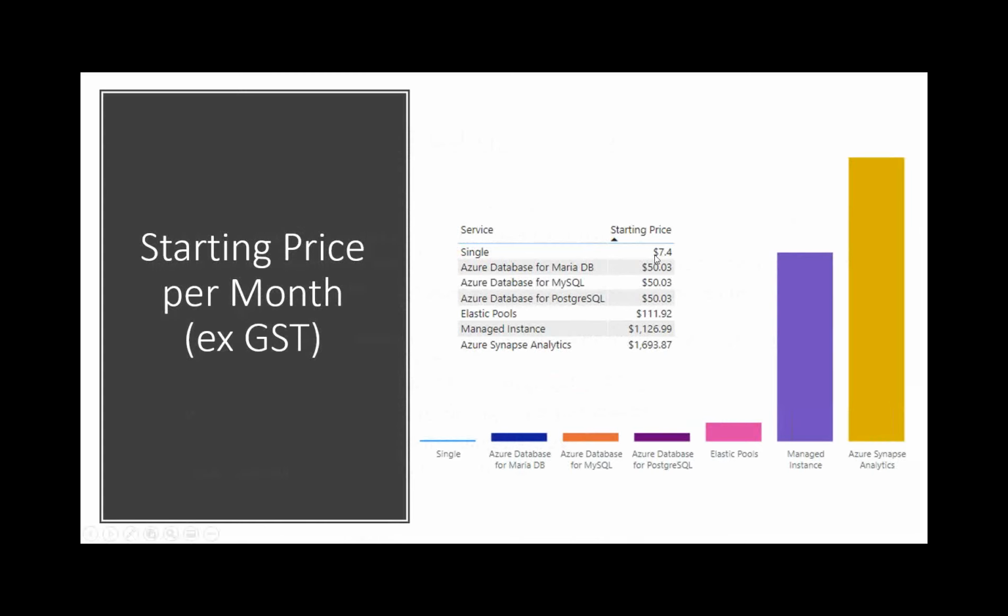You can see that the single database starting tier will be only around $7. This price, if I quite remember, is in Australian dollars. And then you can see how Azure Synapse Analytics SQL Pool and Managed Instance will be on the less cost-effective side, while the open source options and the single database will be on the most cost-effective side. We're not comparing apples with apples, but it gives you a good understanding of what the starting price will be for each one of the products.